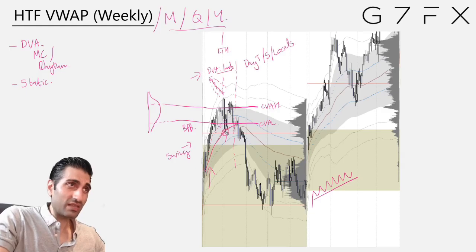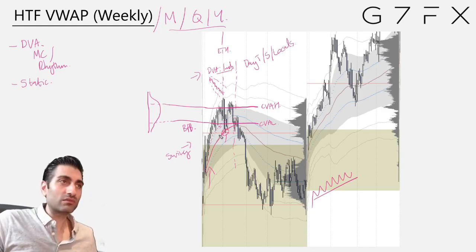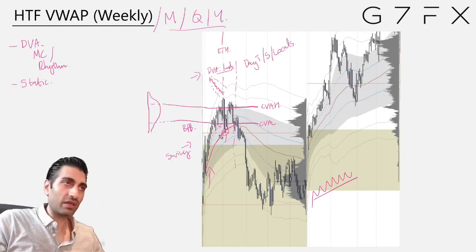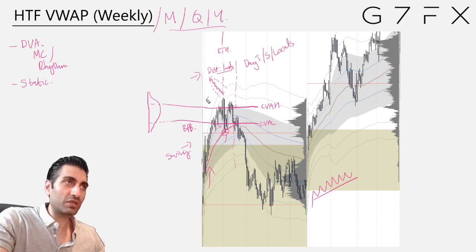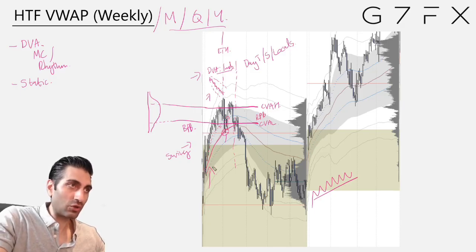And that's why when you get into this, what options have you got? You can get long, right? You probably don't want to get long because you are going into a DVA imbalance on your day intraday. So clearly you just want to wait for it to pop back above CVAL and then what? Get your RPB. And now look, you've got your swing guys on your side.